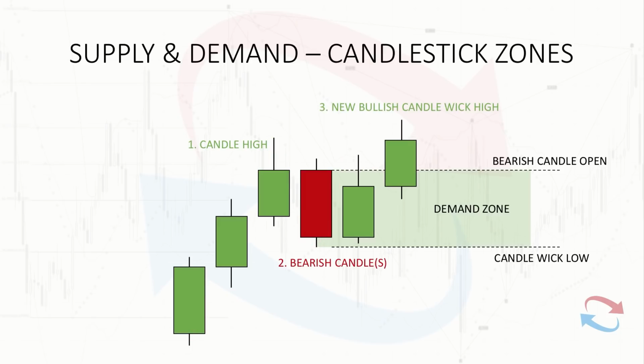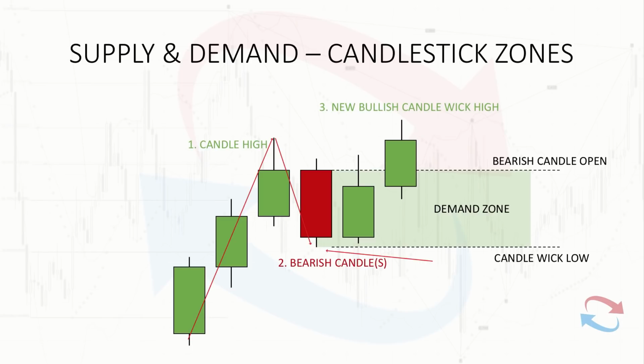Now, if we get a situation like this, we still draw the same thing. So we get a high, we get a low, and even if this bullish candle's wick low is lower than the bearish candle's wick low, that doesn't matter. We would draw the demand zone from whichever candlestick has the lowest wick, because really that is the swing. If this is the swing up here, whatever candle has the lowest wick, that's where we would draw the low of the demand zone.